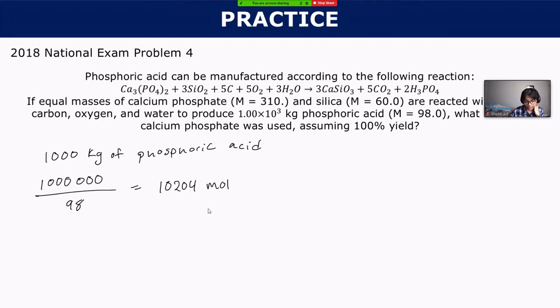So we're going to have to make sure that we get the right limiting reactant. So with 10,204 moles of phosphoric acid, we are going to be able to make 5,102 moles of calcium phosphate.